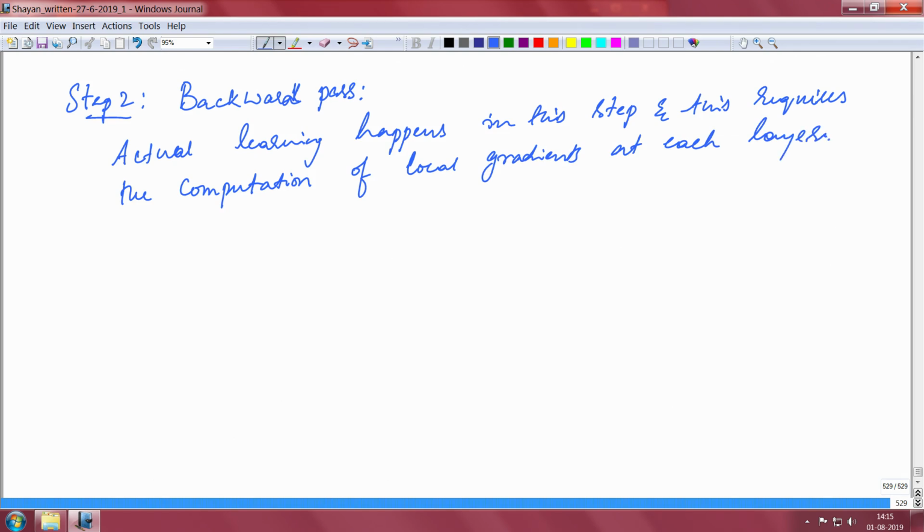So, this is the idea behind multi-layer perceptron.